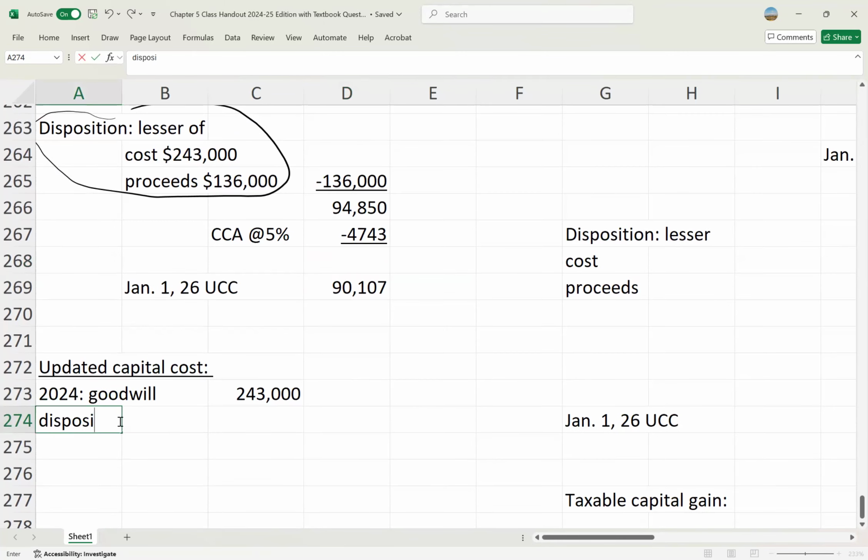So the updated cost of the goodwill in this class is basically 107,000. So let's say in 2026, we were to sell another part of the business and we got a payment for goodwill, then the cost we would use going forward would be 107. So we've always got to keep track of the updated cost of the goodwill that's currently in class 14.1.